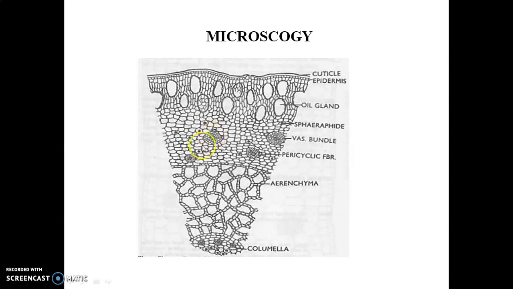It contains about 15 vascular bundles present throughout this ring of the middle zone, where some isolated pericyclic fibers, which are again lignified structures, are present around these vascular bundles.